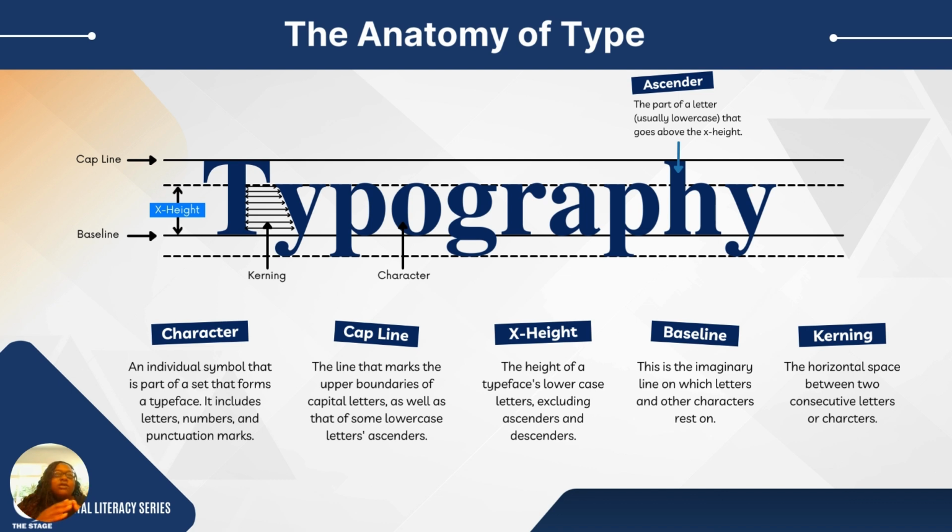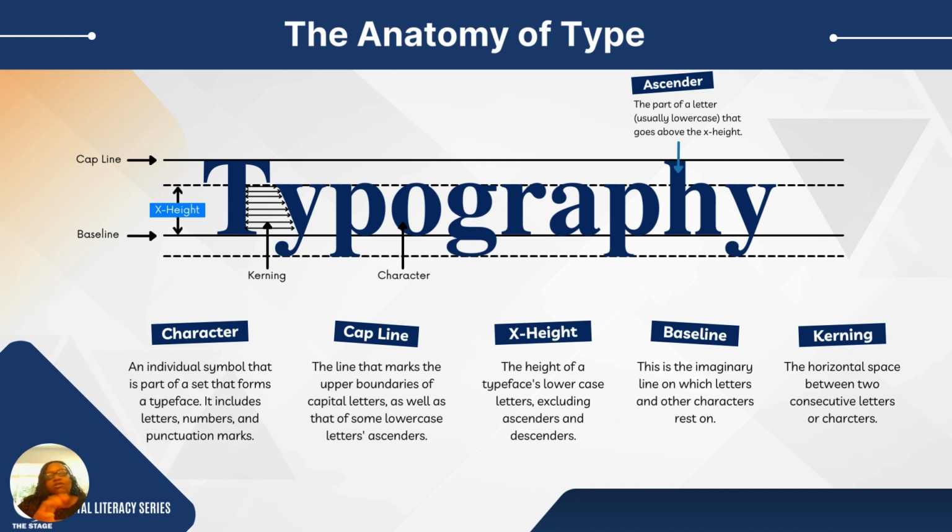Too much space can make things look awkward. And if you have way too much space, instead of one word, it can look like you have multiple words that make no sense, and that affects the readability.